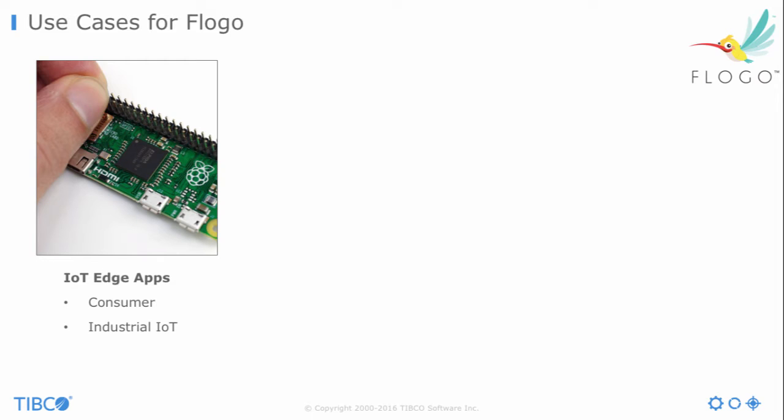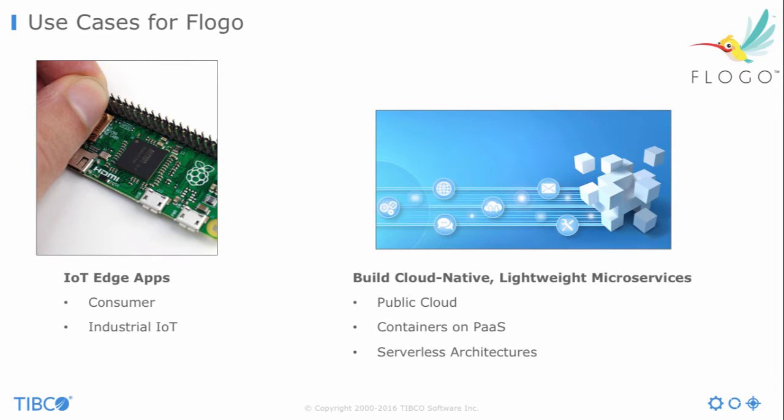And that's really lightweight compared to the others. And you can use that in consumer scenarios, for example, device activation, or for industrial IoT scenarios like lifecycle management or performance management or diagnostics and so on. So IoT edge apps with very small lightweight services, that's the one story behind Flogo.